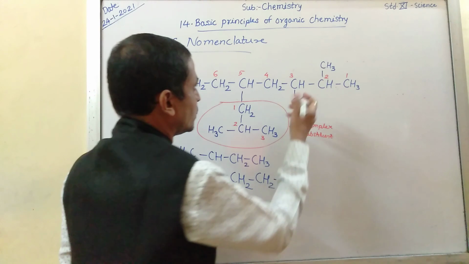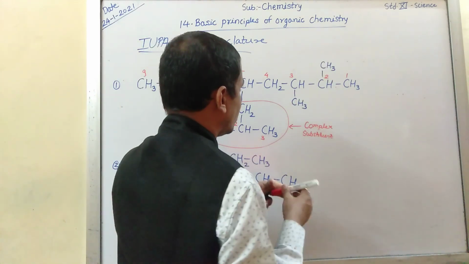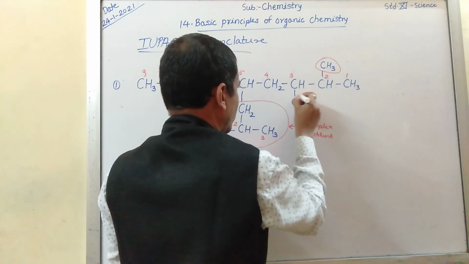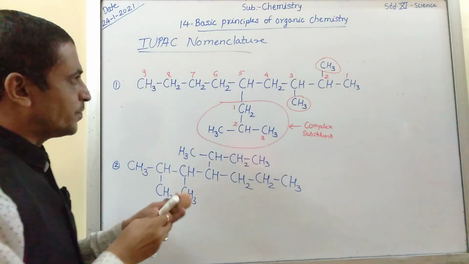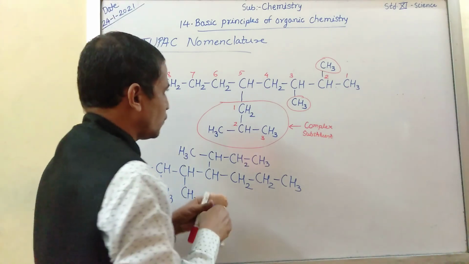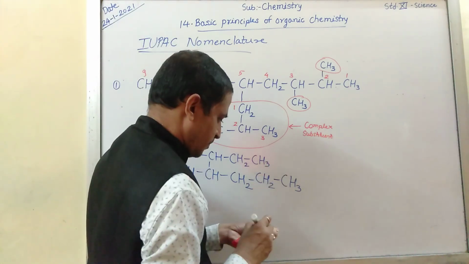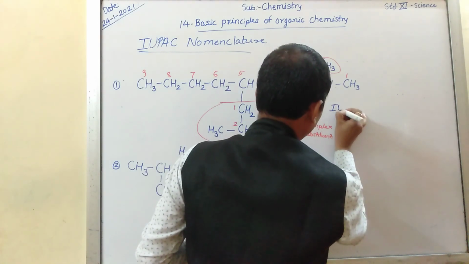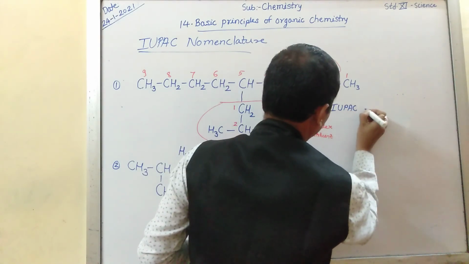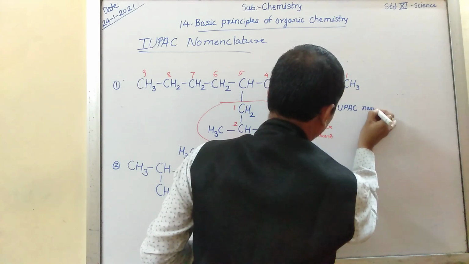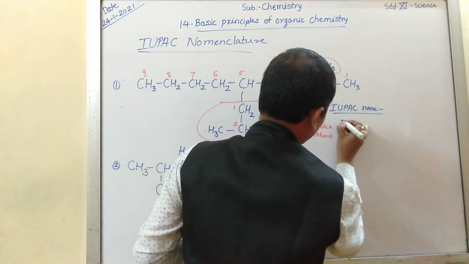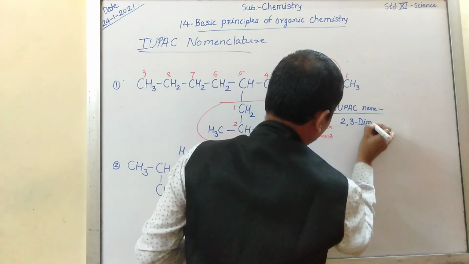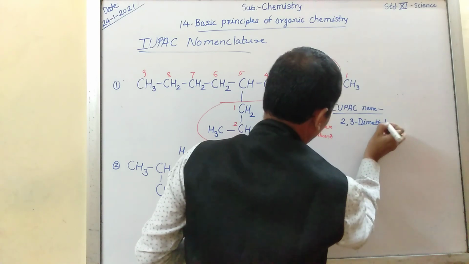First we consider this CH3 and this CH3. See the positions 2 and 3. So here the IUPAC name can be written as what? 2, 3 dimethyl.